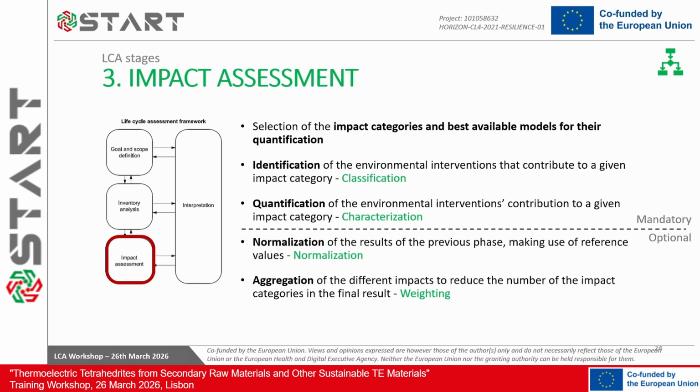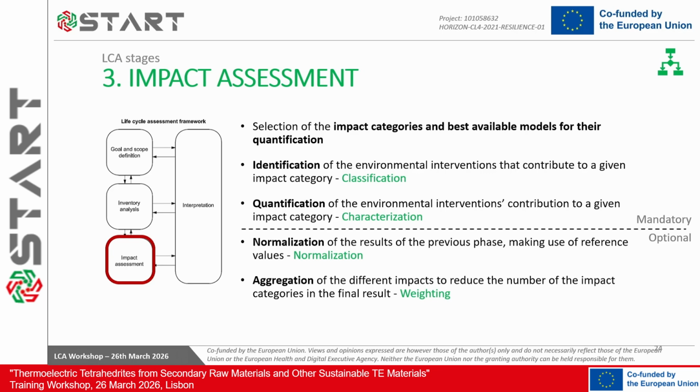So first of all, of course, select the impact categories and the best available models to be quantified. And then the quantification itself. So identify the environmental interventions that contribute to a given impact category. This is classification. Basically you will have many possibilities of environmental impact, and they can occur in many categories.